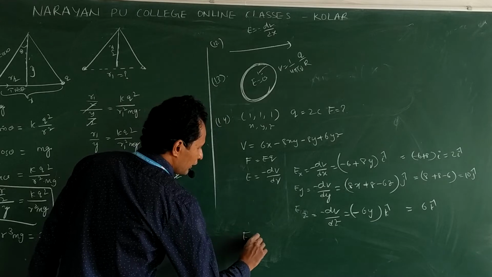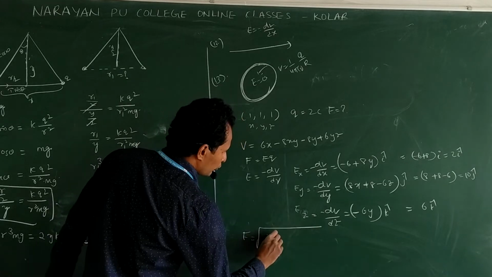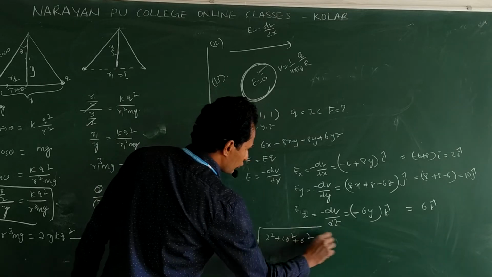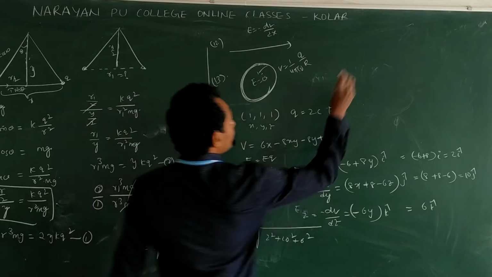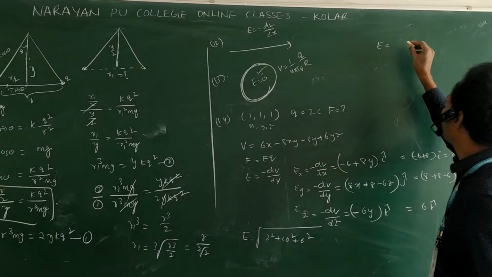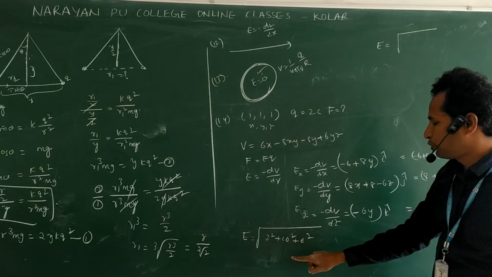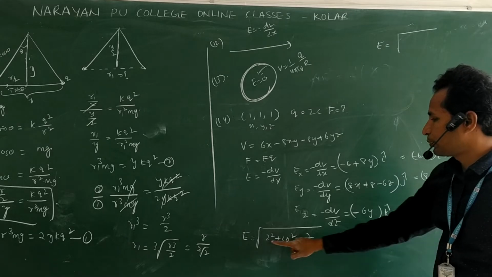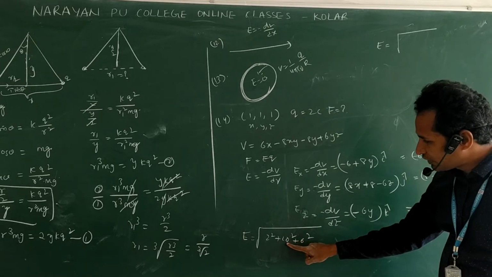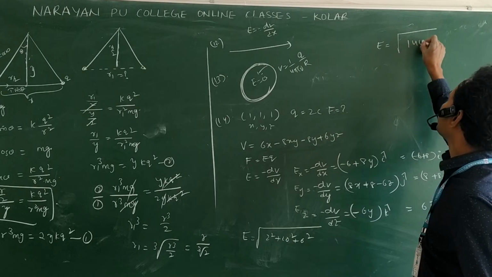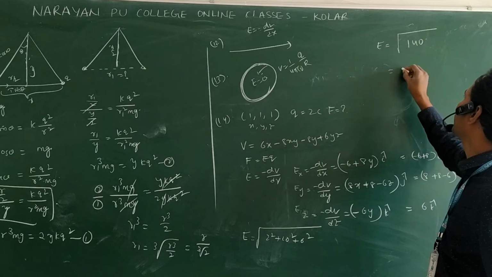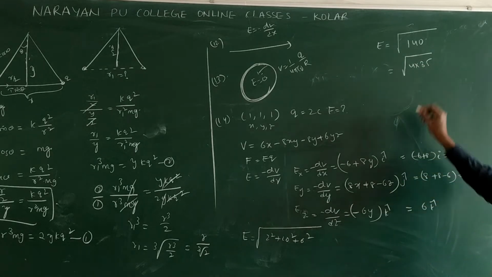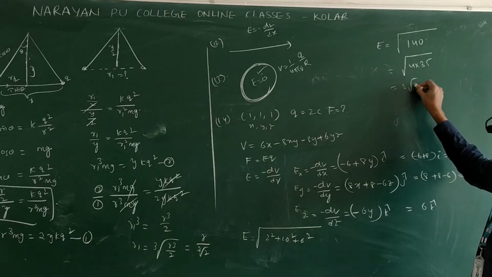Now electric field E is equal to under root of 2 square plus 10 square plus 6 square. Clear? Then what did we get? 2 square is 4, 10 square is 100 and 6 square is 36. 36 plus 4 is 40, 40 plus 100 is 140. 140 we can write as 4 into 35, and this is 2 root 35.